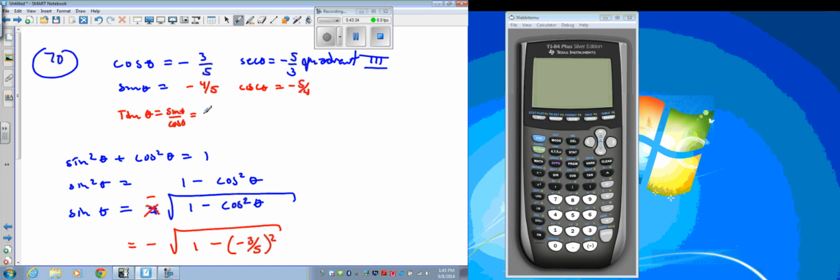And that's going to be 4/3. And then cotangent, we're going to think of that as what? 1 over the tangent. It's the easiest one, and that's 5/4. That's 4/3. Okay. And this is 3/5. The 5/4 looked awful familiar right there.